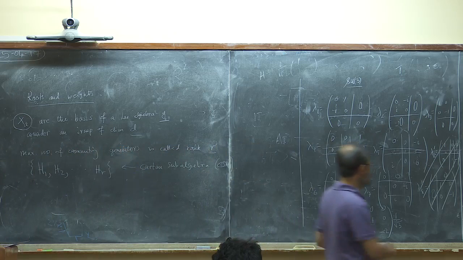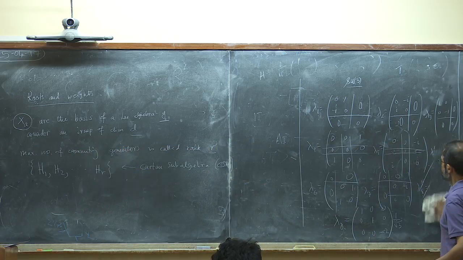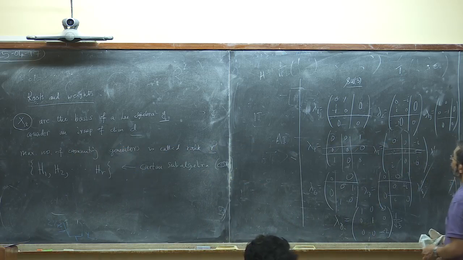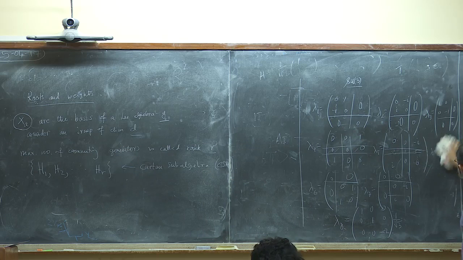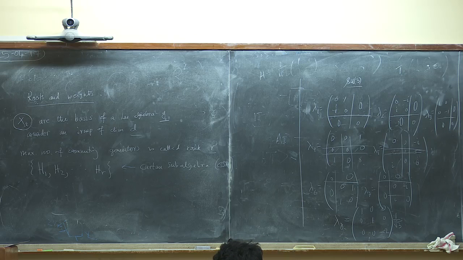So, for instance, this is a 3 by 3 matrix representation of SU(3). This is also called the fundamental representation or defining representation. What are the basis vectors of the representation space?